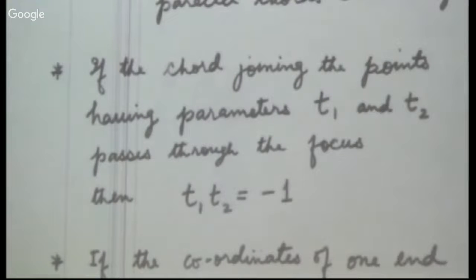One of the extremities will be a t1 square, 2a t1, and the other extremity will have the coordinates a t2 square, 2a t2, right? And if it is a focal chord, then this property will hold. The product t1 t2 will be -1 for the focal chord. Because these conditions will later apply while solving the questions. So you have to remember these results.